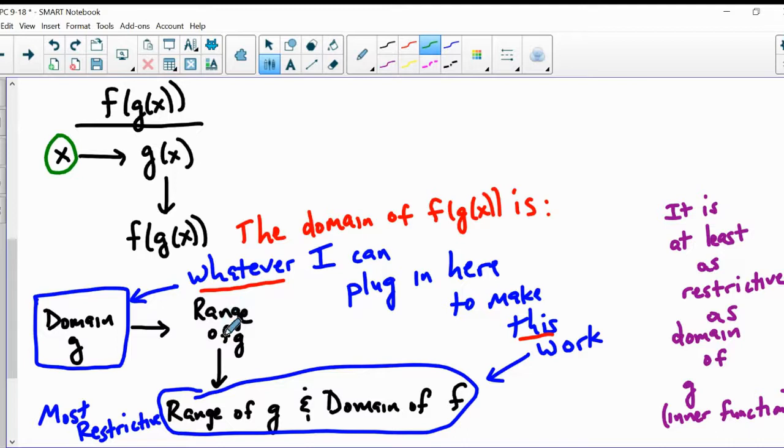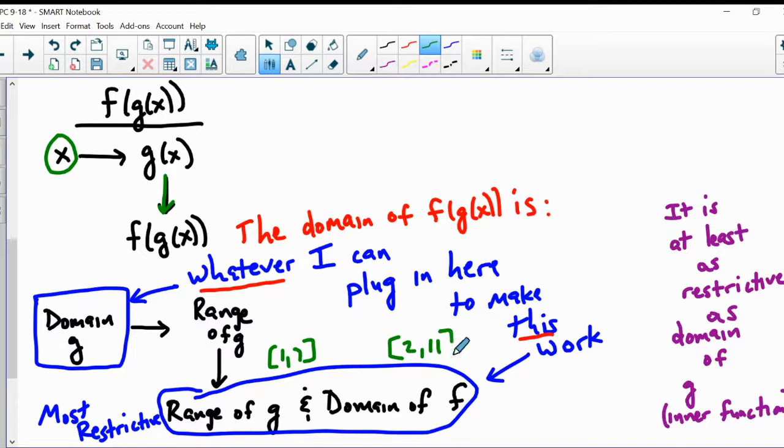Then the range of the first gets plugged in to f, or the outside function, and then I have to look at the range of the inside and the domain of the outside. And it has to be the most restrictive of these two things. The most restrictive.